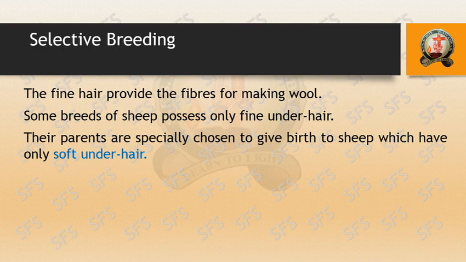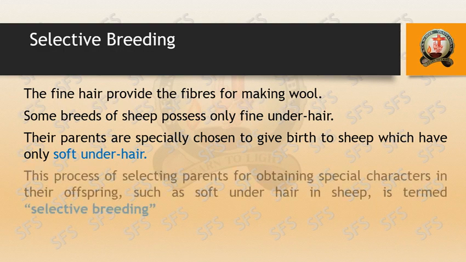They select the mate, mate is nothing but partner, in such a way that a sheep having fine soft hair and another sheep also having fine soft hair are bred separately, so that the sheep born to them should also have soft underhair.